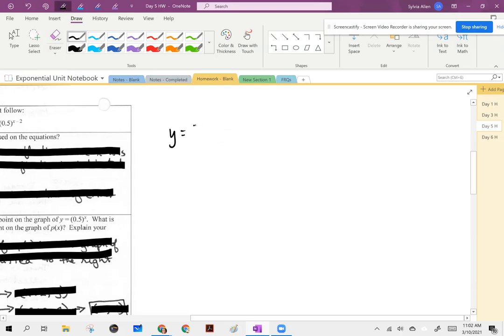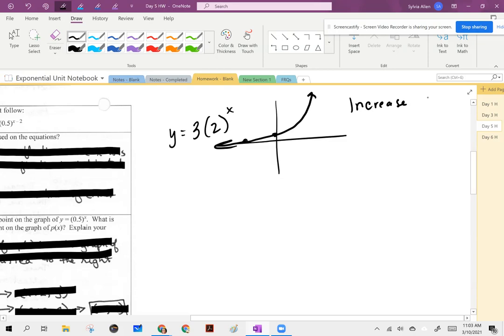We know that growth is going to be increasing. Let me talk to you about what those reflections are. So with no reflections, not only are we increasing, but our rate is also increasing. So the function is increasing and the rate is also increasing.